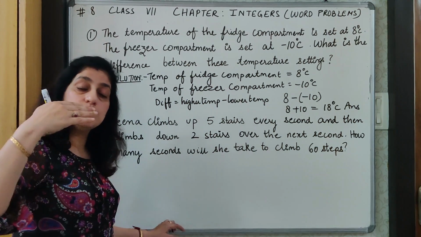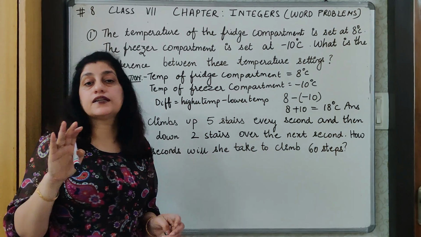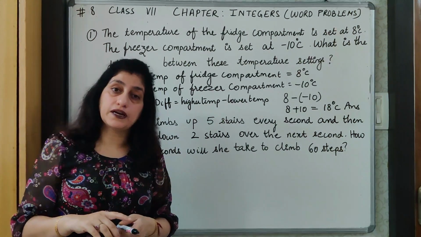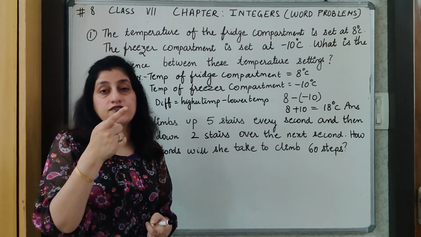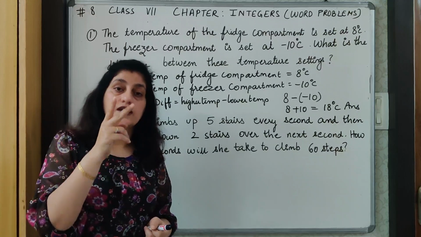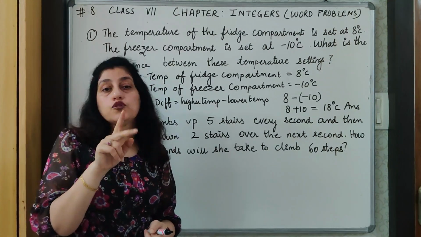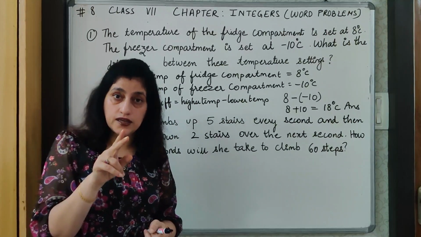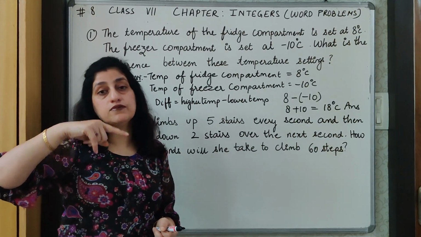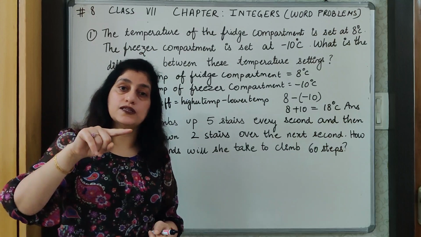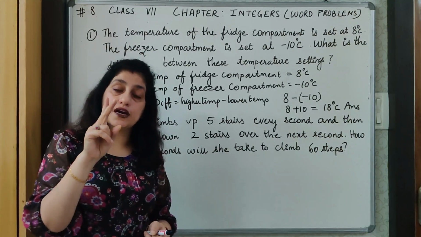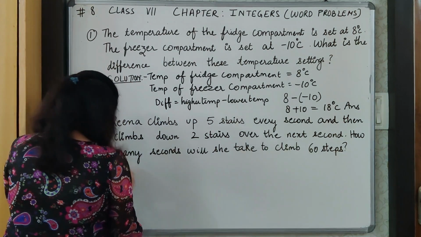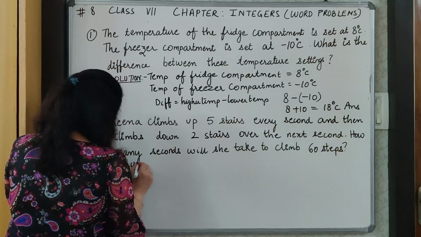Now when she climbs up, that will be taken as plus, and climbing down will be taken as minus. She climbs 5 steps in 1 second, then comes down 2 steps. The total steps will be how much? 5 minus 2, 3, and she climbs in 1 second, comes down in 1 second. So time taken will become 2. Let's see how we have to go about it. So here is the solution to this question.